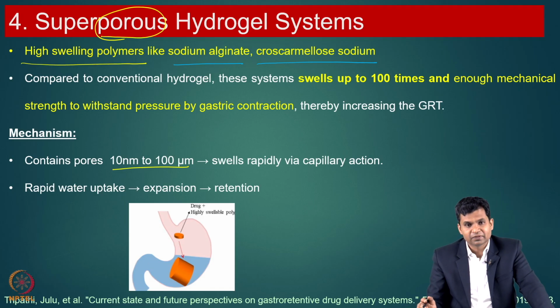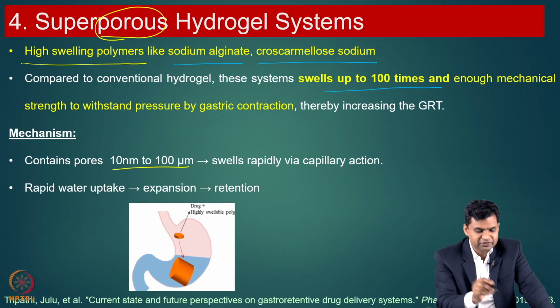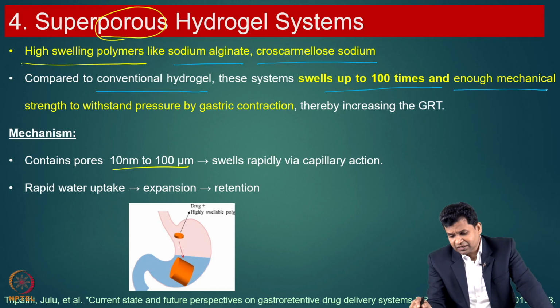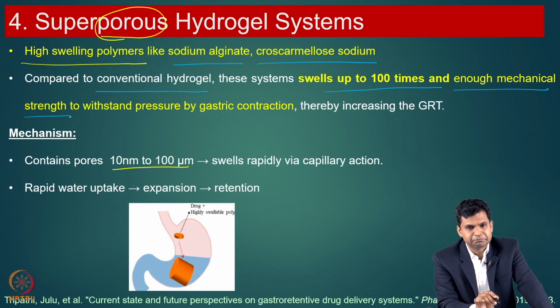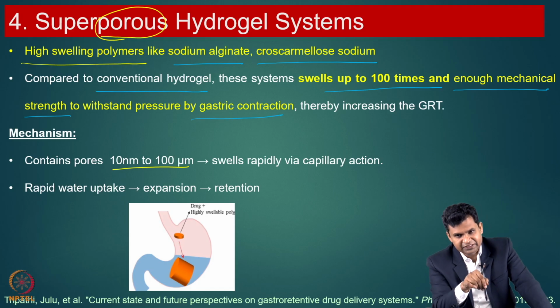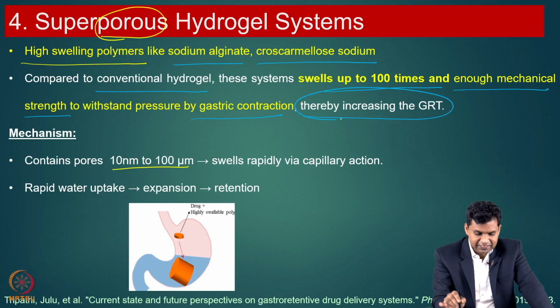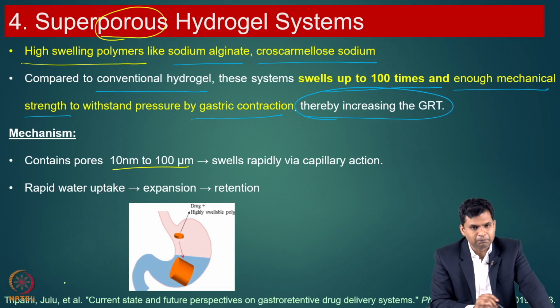They undergo swelling at a very high rate, more than 100 times compared with conventional hydrogels, and maintain enough mechanical strength to withstand the pressure of gastric contraction in the GIT, which ultimately helps in increasing the gastric residence time in the body.